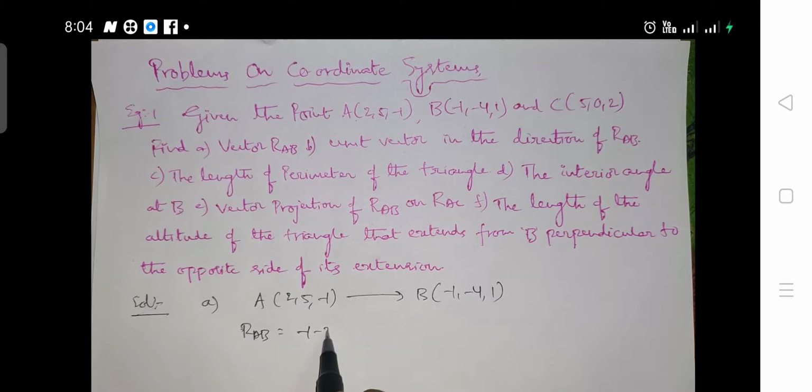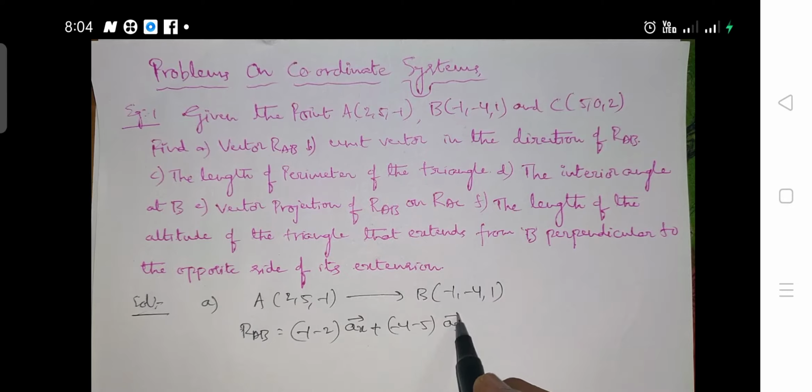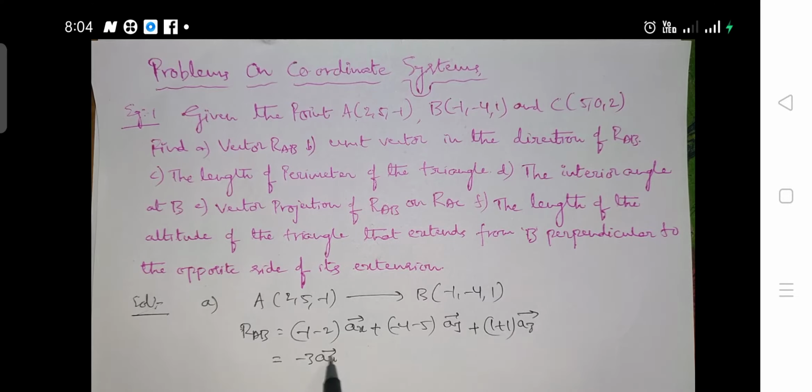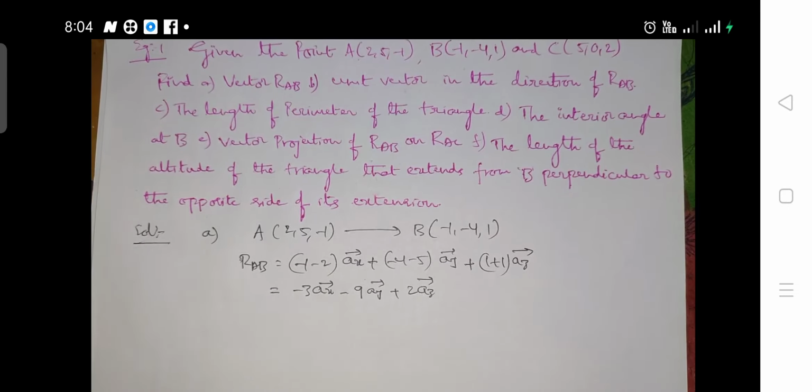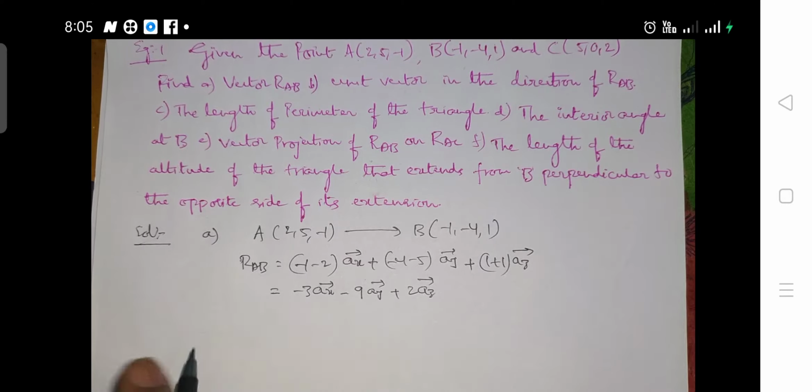First, -1 minus 2 into ax bar, plus -4 minus 5 into ay bar, plus 1 minus of -1 will become plus, so 1 plus 1 into az bar. If we simplify this we get -3 ax bar minus 9 ay bar plus 2 az bar. So this is how we find the vector directed from A to B.